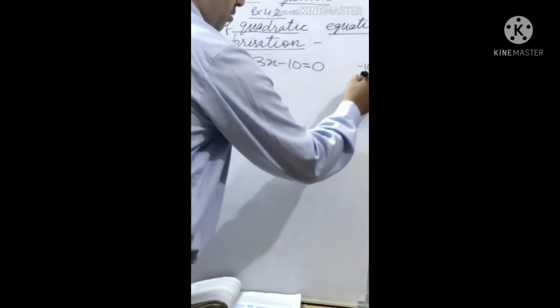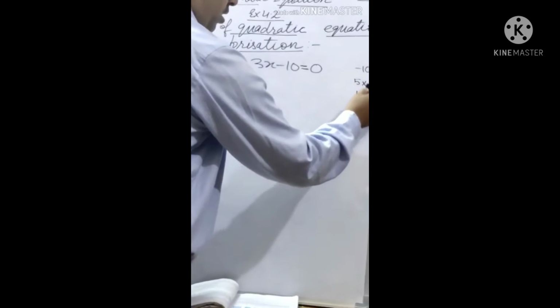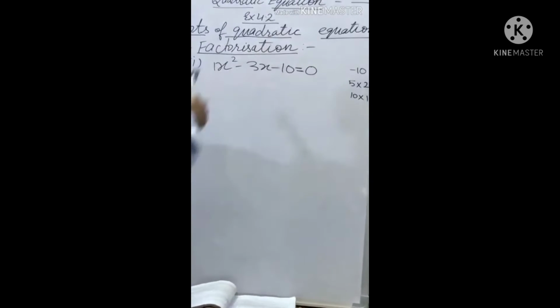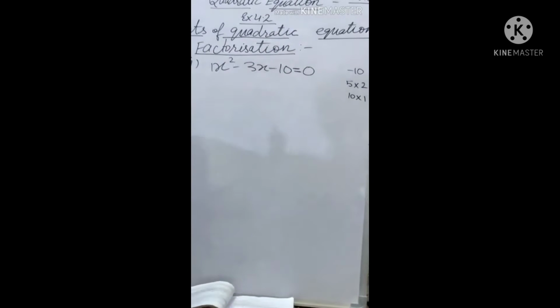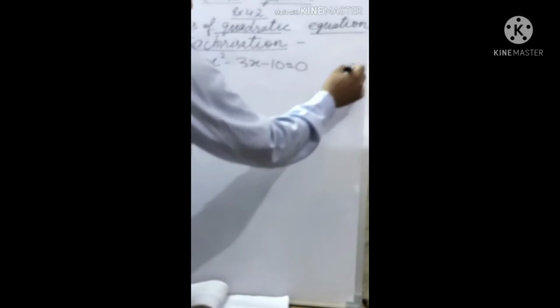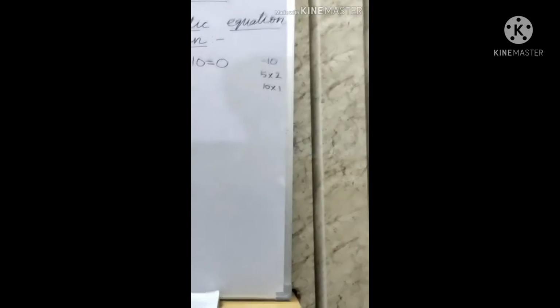Simple: 5 twos are 10, 10 ones are 10. 5 plus 2 is 7, but it is minus 3 here. 5 minus 2 is 3.